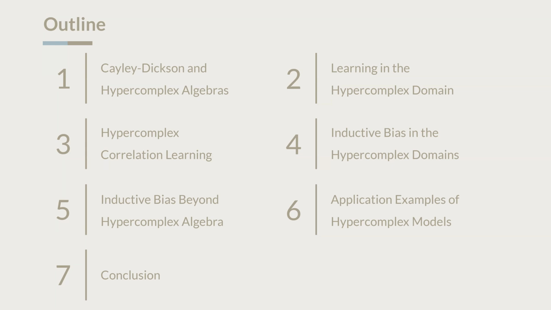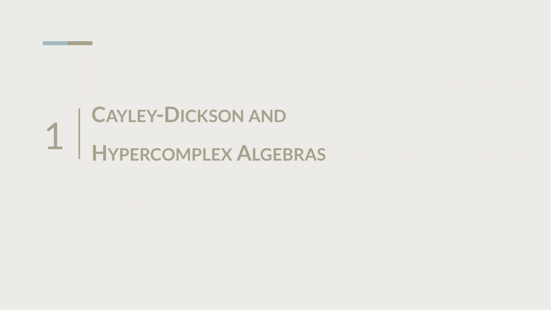We also see how to go beyond hypercomplex algebra and how to generalize for lots of signals, scenarios and applications. And finally, we'll give some application examples using hypercomplex models. So let's start. Please feel free to stop me whenever you want and ask me a question, of course.